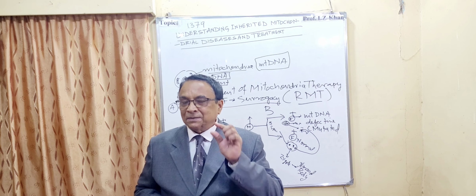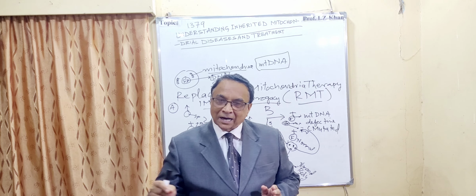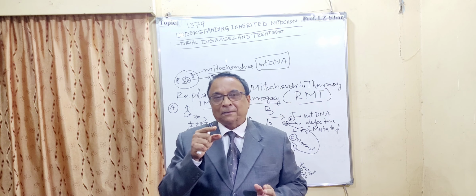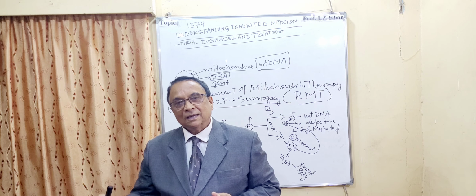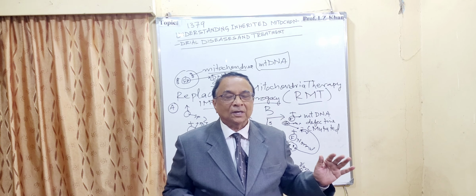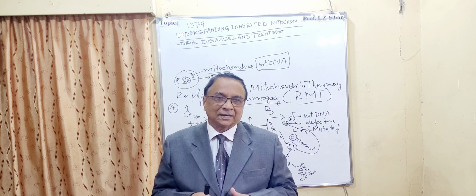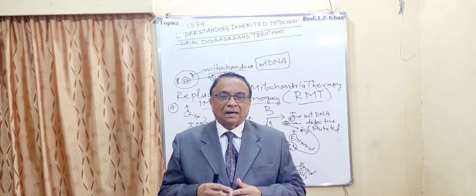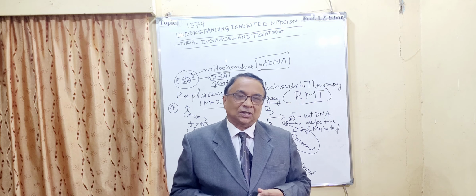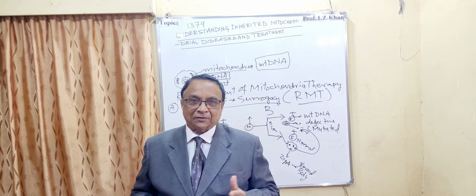So that defective mitochondria from that lady is removed, and from the normal lady with normal mitochondria, the chromosome which is removed from that nucleic acid will be injected, and in this way the bad one will be removed, so that after this replacement of bad mutated mitochondria, the baby will be normal. They followed this process, and they got the normal baby, and that family is happy.